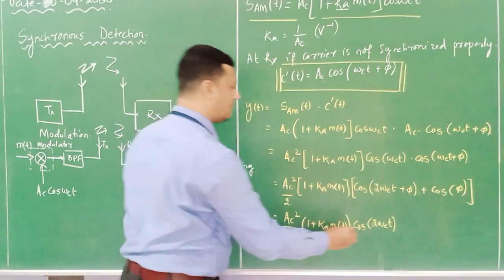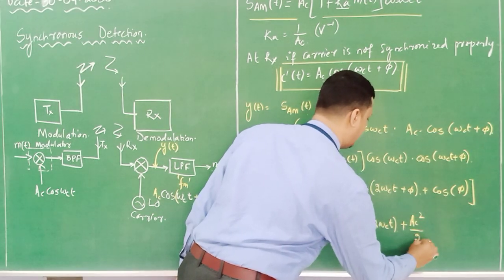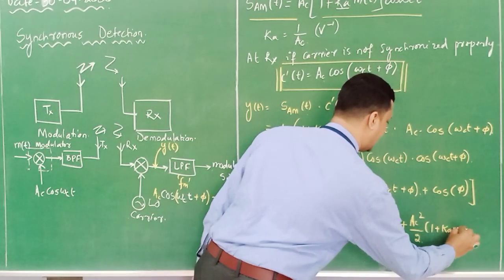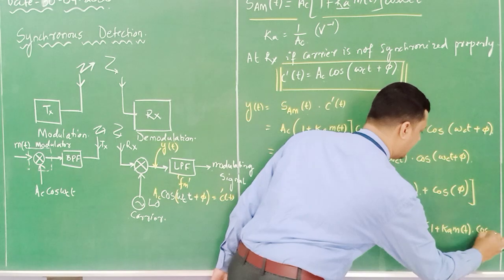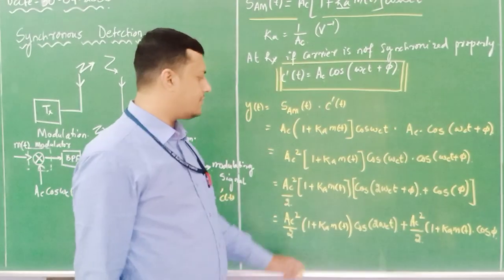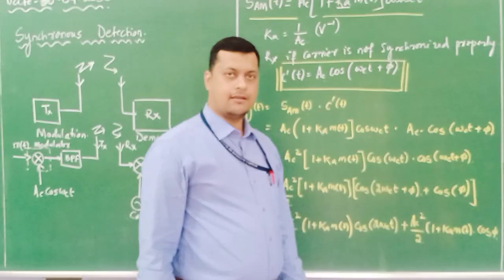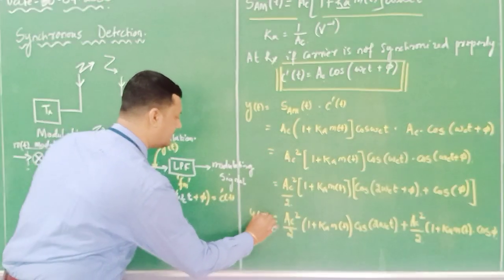So this is the first component, plus Ac² divided by 2 (1 + ka m(t)) into cos φ. Okay, so now this is the additional term we are getting. So one is the harmonic component and one is the phase difference component. Now this is my y(t).